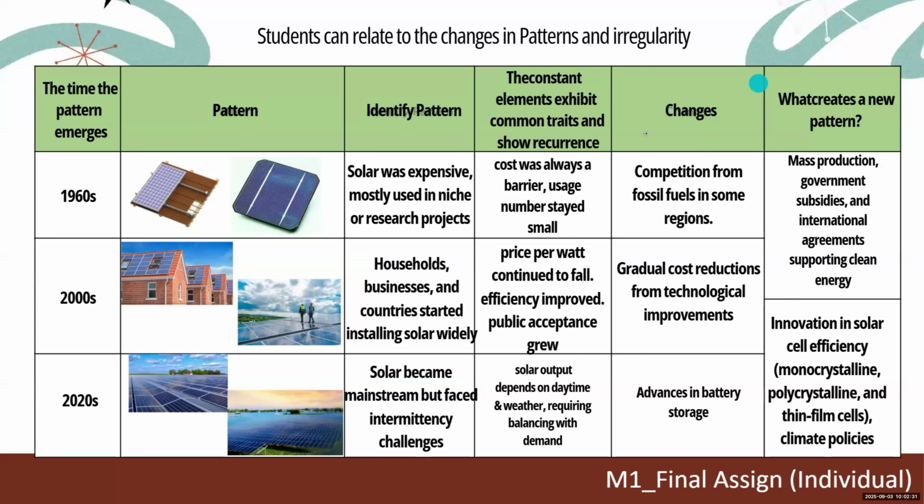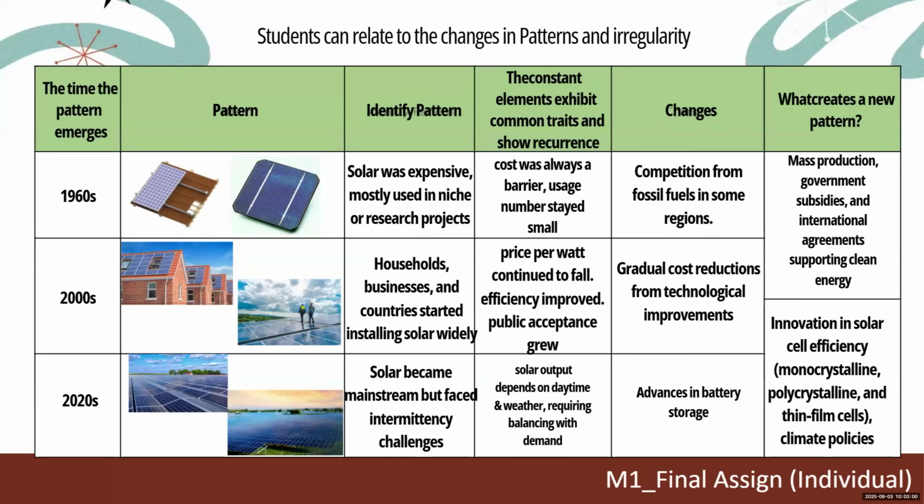Hello everyone, my name is Chen Pol Leum Tham. The pattern that I use is about solar panels, where I categorize the pattern into three things according to the scalability of the solar panel. The first one is where the solar panel started to be invented, around 1960, when the first silicon solar cell was invented.